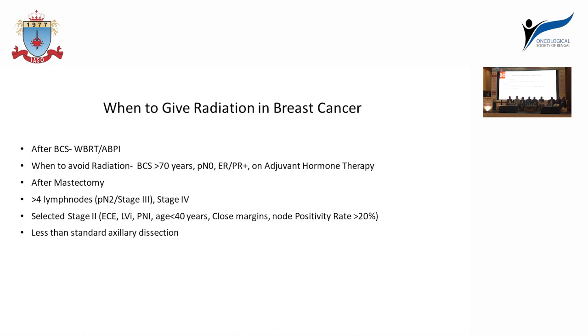So in case of residual mass or lymph nodal disease, we must avoid radiation. Residual tumor after surgery, post chemo, post surgery, residual tumor in the axilla. What will be your management?